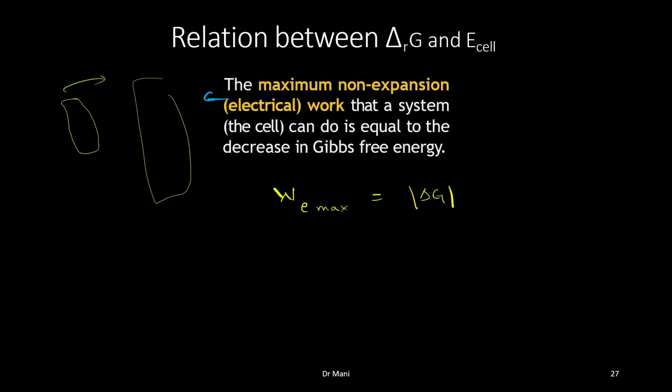So how much work that kind of cell does is equal to the decrease in the Gibbs free energy. Understood?